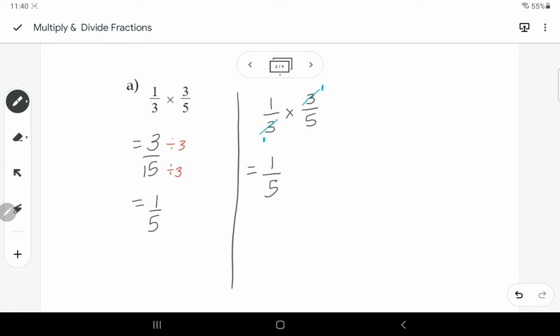So I get the same answer both ways. The second way, I just reduce ahead of time before I multiply, which isn't a big deal with small numbers like this, but we're going to see in later examples where reducing ahead can help us avoid getting some very big clunky numbers that we don't want to have to reduce in our fractions.